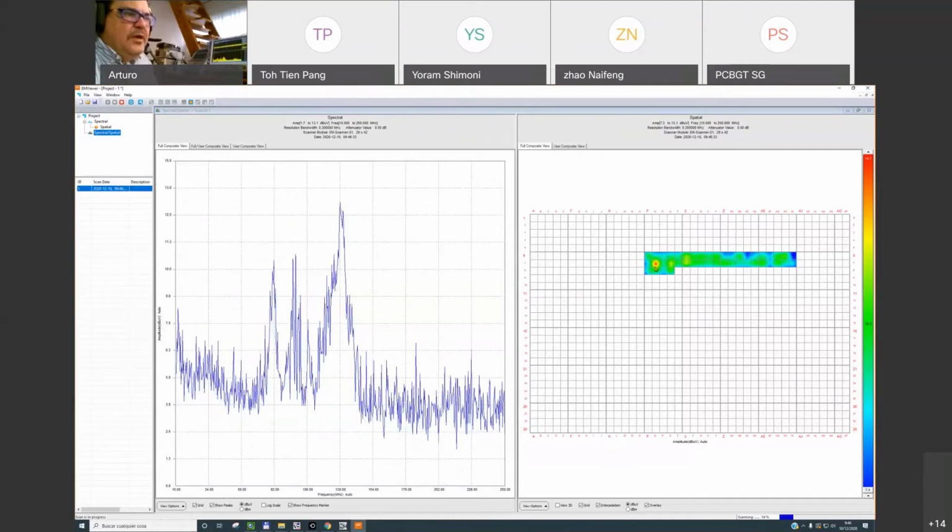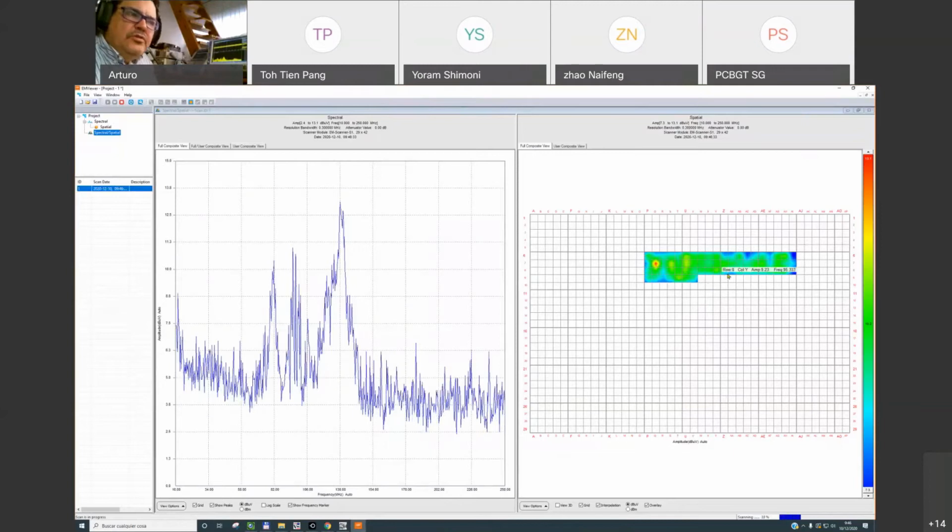You can see that in this area, basically the most important frequencies are coming from this area here, that is 130 megahertz. And now the colors in the amplitudes go to green. When we go close to the slots, you will see that the amplitudes start to increase.